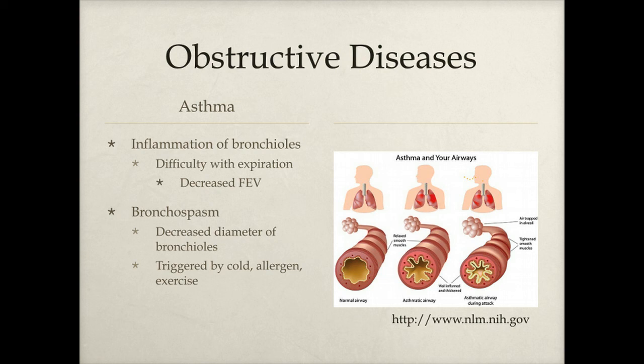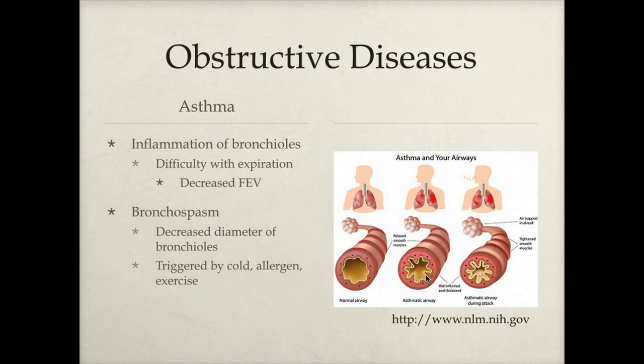So if we look at this diagram, here's a normal airway. This is a cross section showing the alveoli at the end, and here's the bronchiole. So this is a normal airway, and this is an asthmatic airway, and you can see that the wall is inflamed and thickened. Okay.